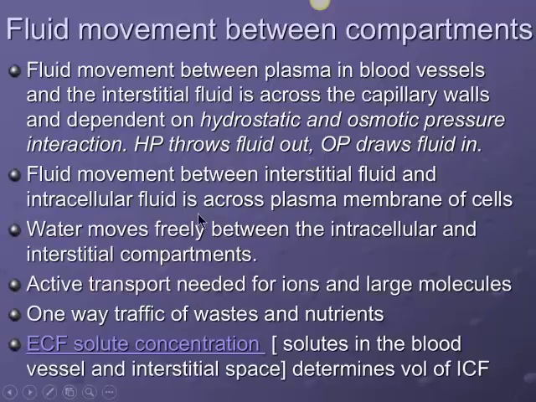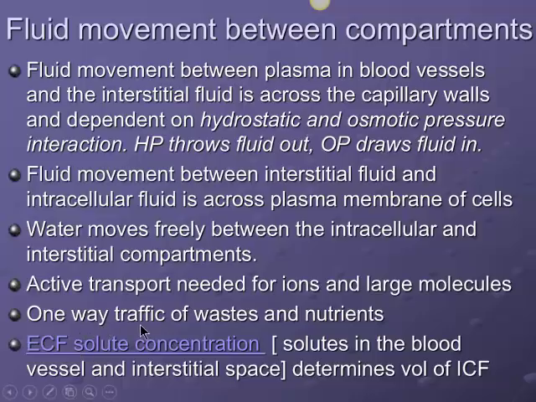Correct? Water moves very, very freely across these based on the gradient that is present. But for ions and large molecules, ATP is used. So that is an active transport.